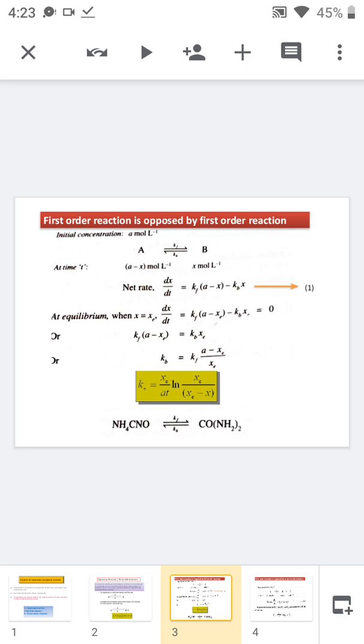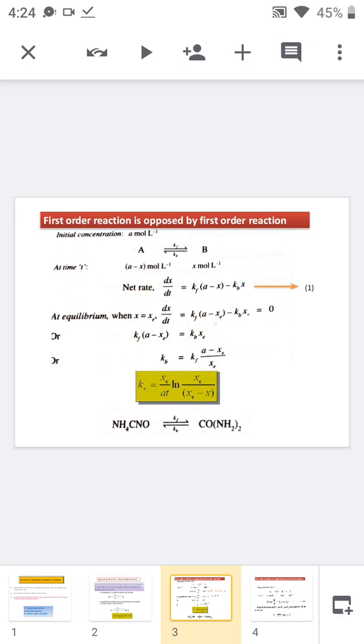Now if we write the rate expression dx/dt, first of all we have to write down the rate expression for the forward reaction, that is dx/dt is equal to Kf into the concentration of A, here it is a minus x. Then we should also include the rate constant for the backward reaction, because the forward and backward reactions occur simultaneously.